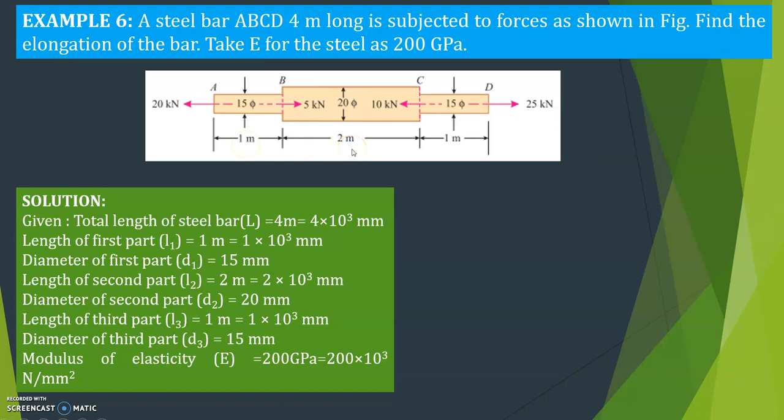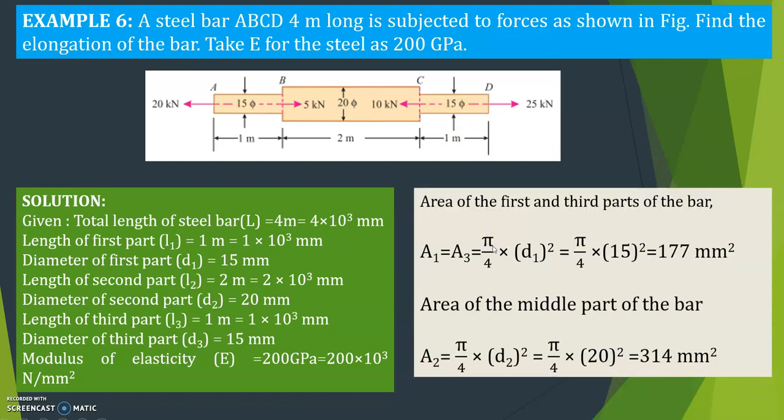Then L2 is 2 meters, or 2 into 10 raised to 3 mm. Then for the part C, L3 is 1 meter, or 1 into 10 raised to 3 mm. Then D1 is 15 mm diameter, D2 is 20 mm diameter, and D3 is again 15 mm diameter.